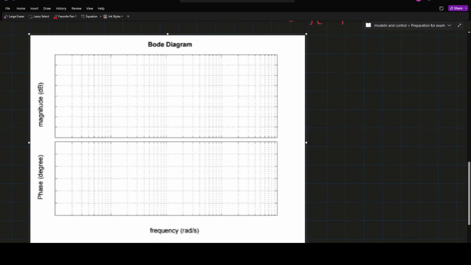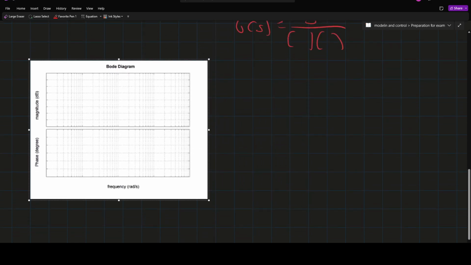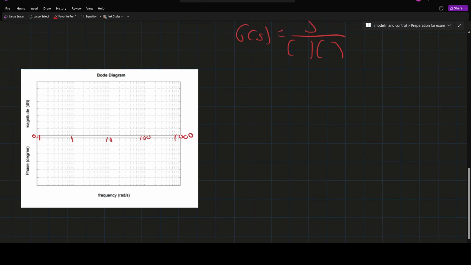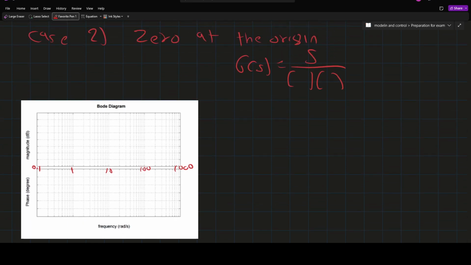So here we're gonna have again our graph. Now for this, we are gonna see what's gonna happen at 0.1, at 1, at 10, 100, and 1,000. So let's first see the case when we have 0.1.